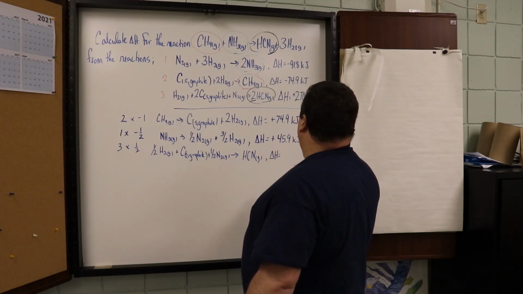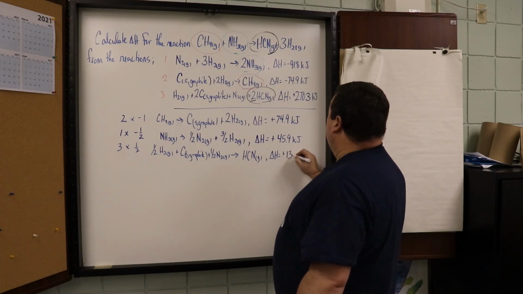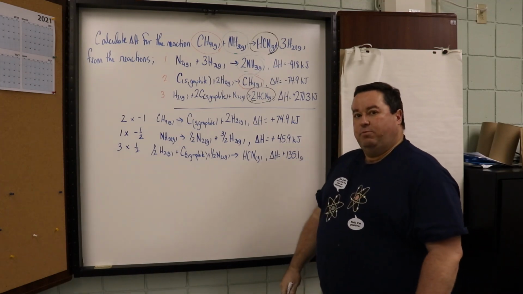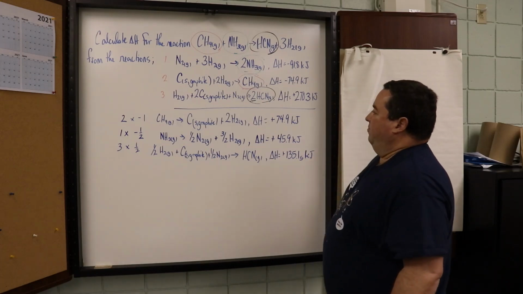Delta H will be positive 135.15. So this is 135.2, but we're not going to round off till the end, kilojoules.